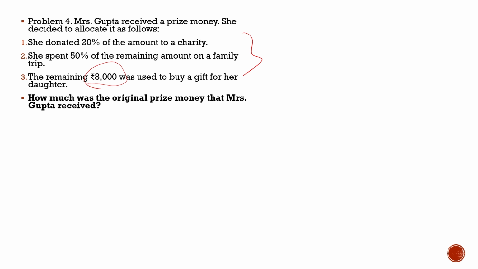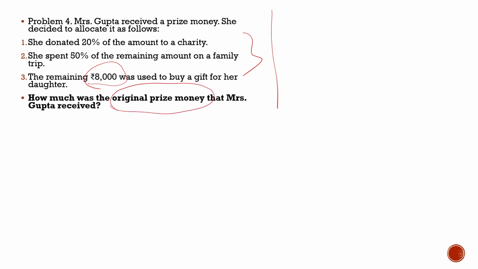So we have to find out the original prize money that Mrs. Gupta has received. So in this kind of problem, we have to initially assume something. So we will start with the assumption of the original prize money.